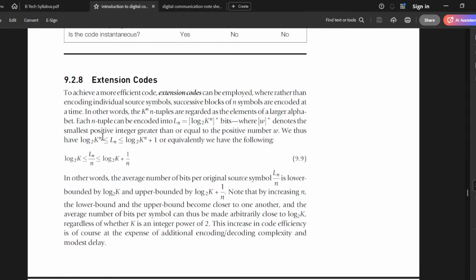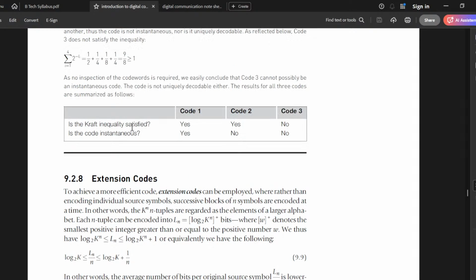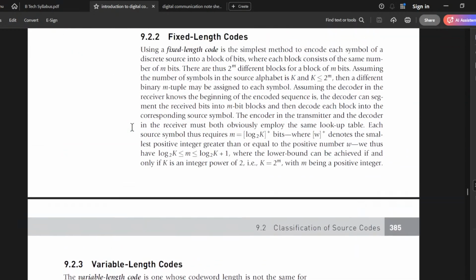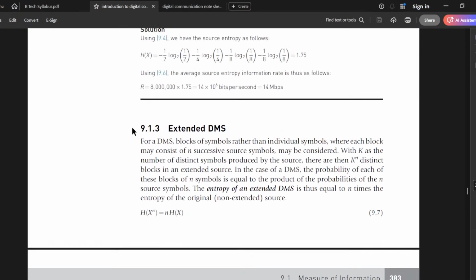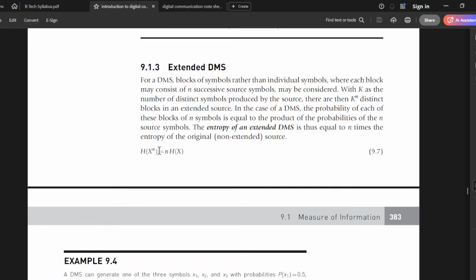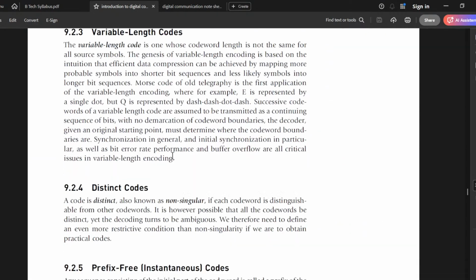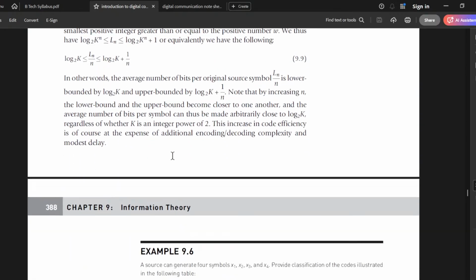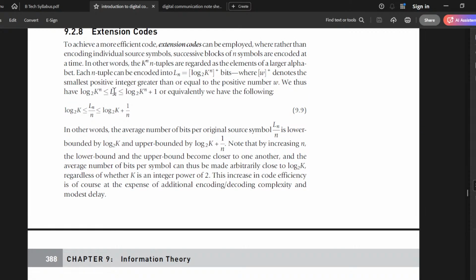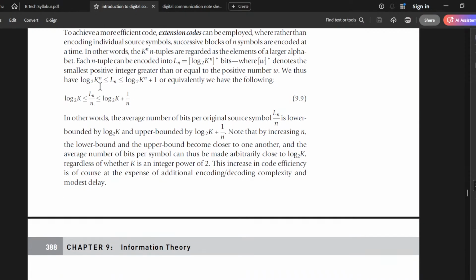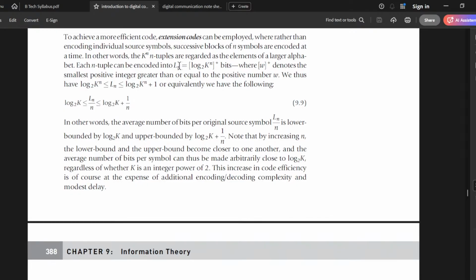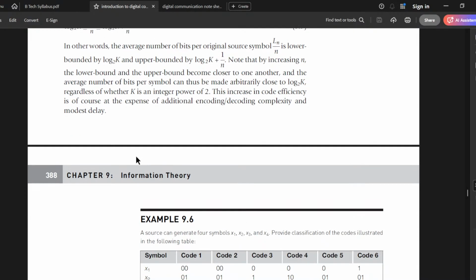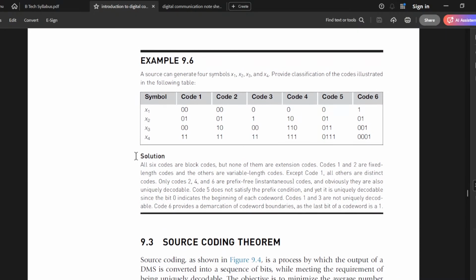You remember this was the extension code, k to the power of n. H of X to the power of n is n times H of X. Let's do the question directly, we'll understand.